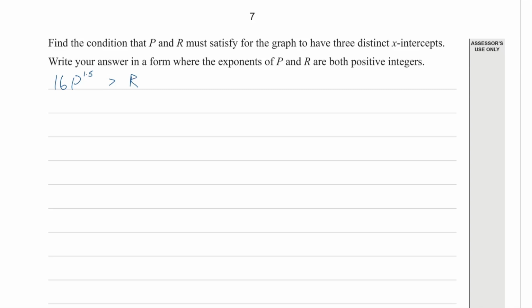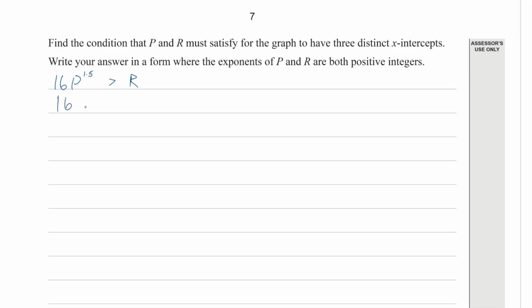Now it's asking us to write it in a form where the exponents of p and r are both positive integers. Well, integer meaning a whole number. Right now we have a fractional power, so that's no good.